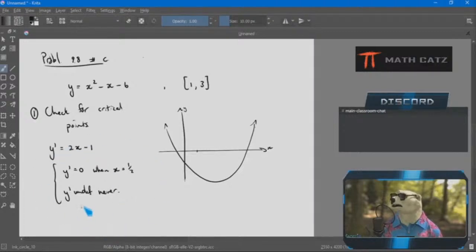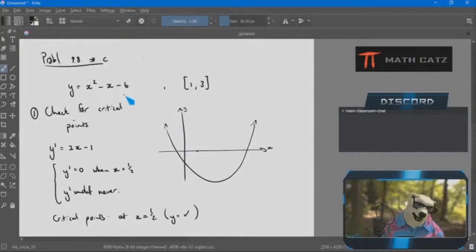So my critical points are only when x is equal to 1/2. I have a y value that I can find. I'm going to leave it out for now on purpose. But do note, of course, for a critical point, I need to have a point there, which I do because it's a polynomial, so everything's good. And it's the only one coming out of this check.